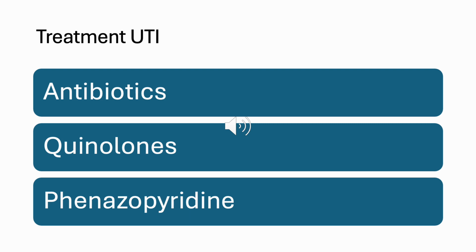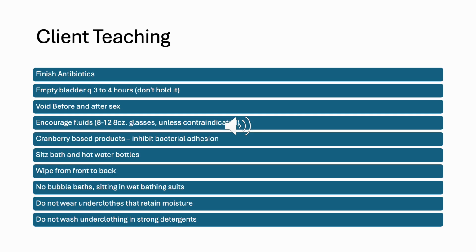Pyridium is going to turn the urine orange, and we expect that, so warn the patient about it. It's a urinary analgesic, so to evaluate effectiveness, the patient would say they no longer have urgency, frequency, or pain on urination.